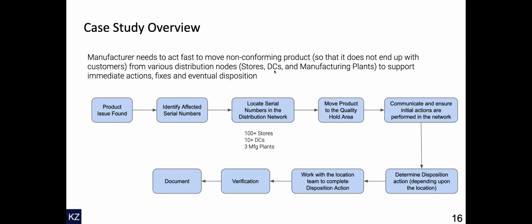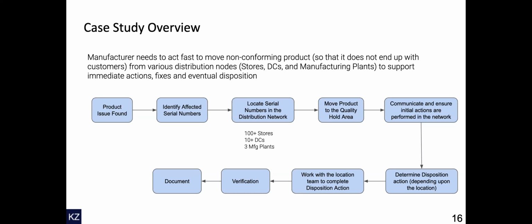Okay. So this is a case study of a manufacturer, and these are fairly intricate, significant industrial machinery components. They are in the tens of thousands in terms of cost involved for each product. Okay, so they need to act fast to move non-conforming product from various distribution nodes to support immediate actions.